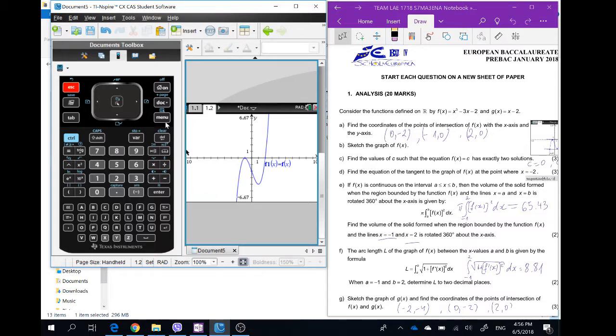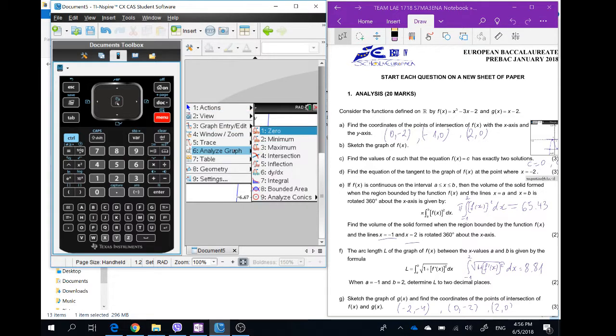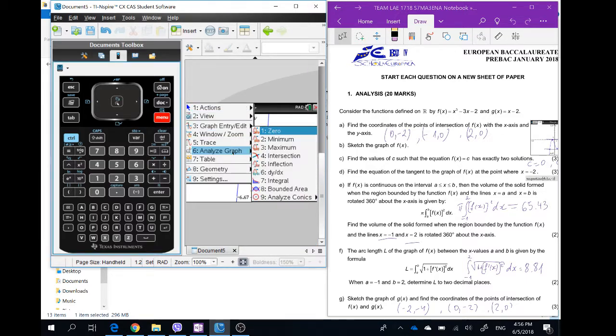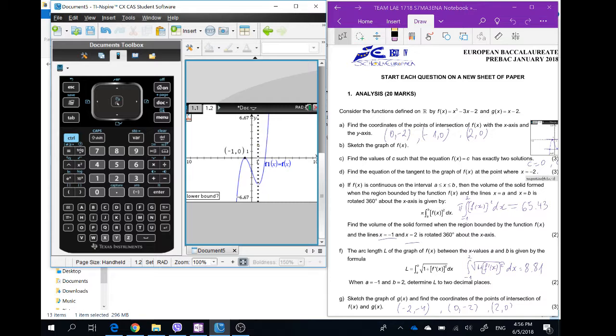If I don't know the second graph and I don't want to write it, I can use zeros. When I click zero, from here to here I have 1, 0, minus 1, 0. Menu, analyze graph, zero, from here to here I have another zero. This is also possible.